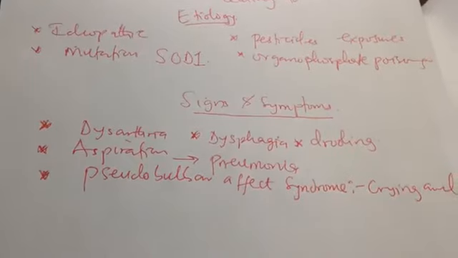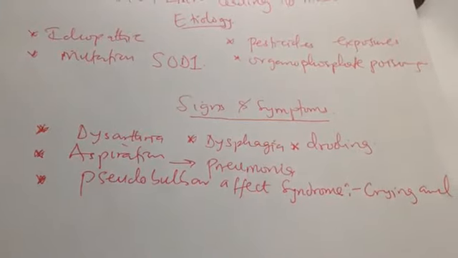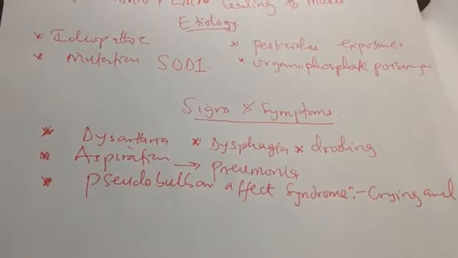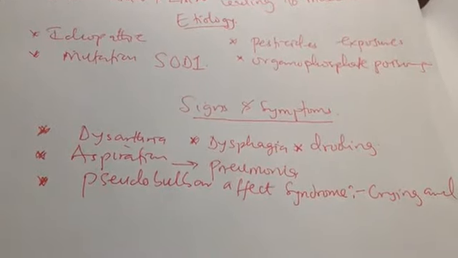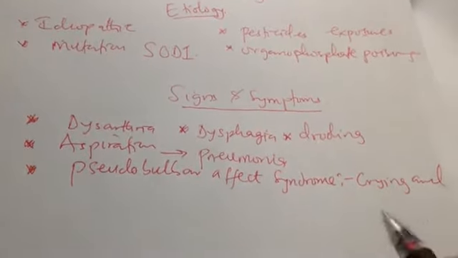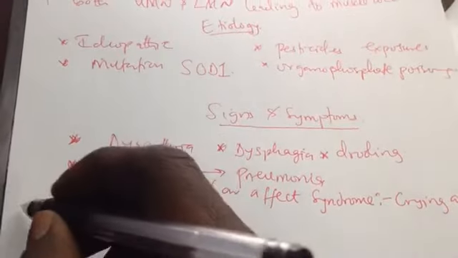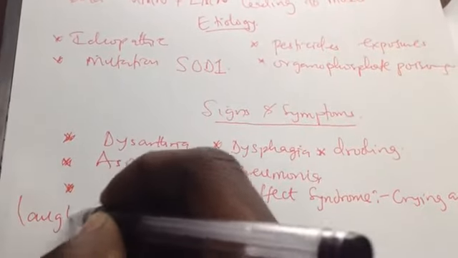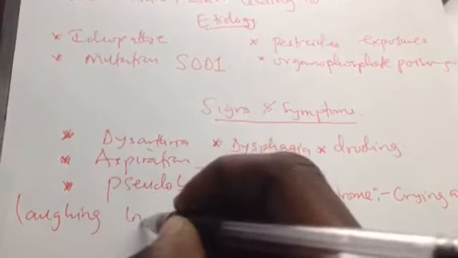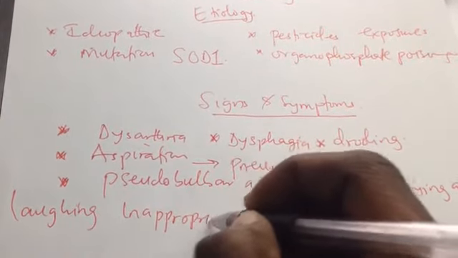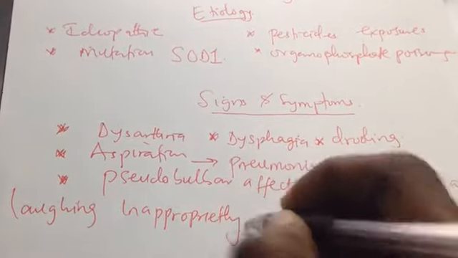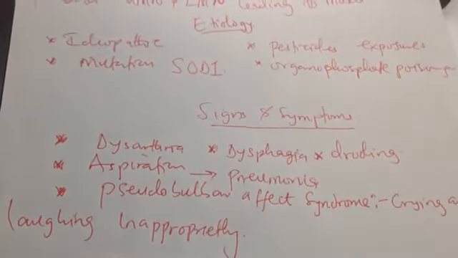He may laugh in an instance that does not require laughing, and he may sometimes cry in a circumstance where he is not supposed to cry. So crying and laughing inappropriately is also another important symptom and sign of this ALS, actually. So that is it.